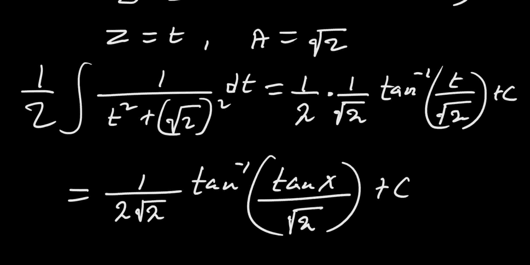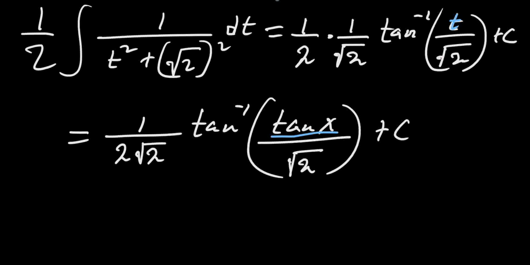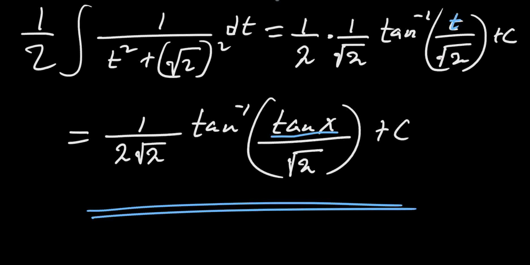So we just need to replace t. This is t, we replace that with tan x. So this is the final answer to this question, and I hope it makes some sense.